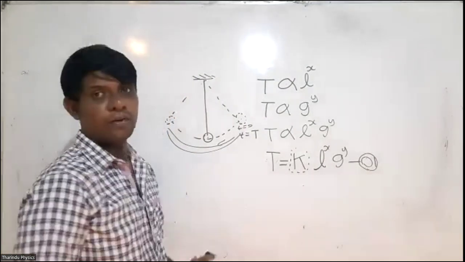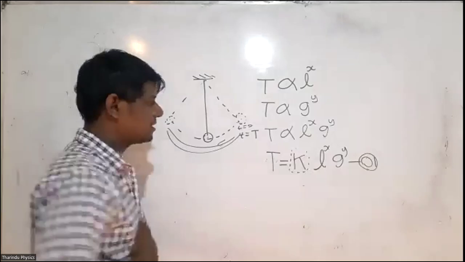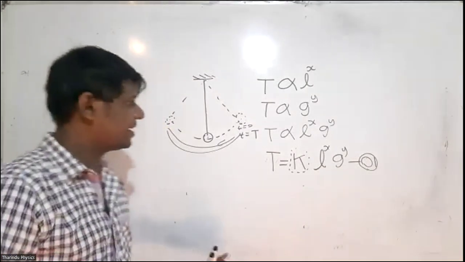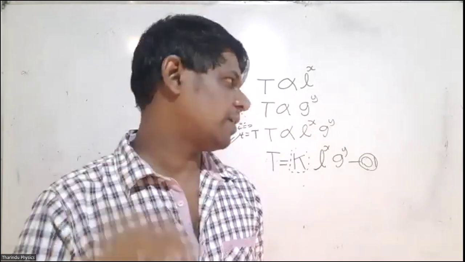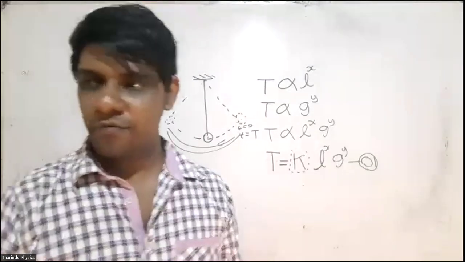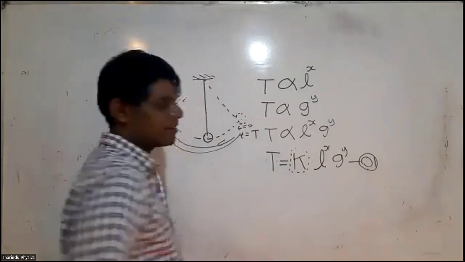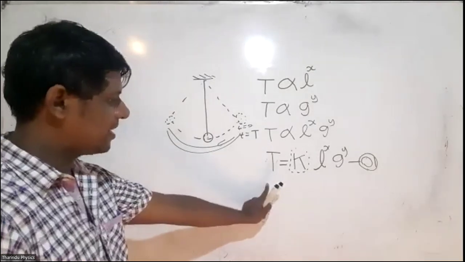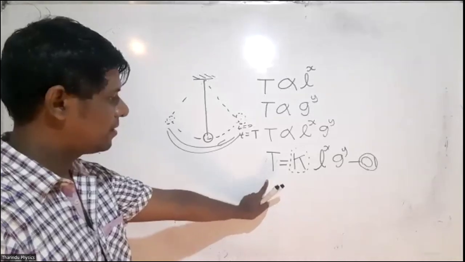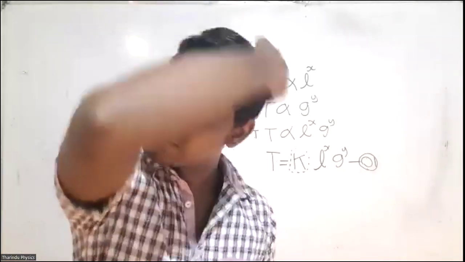Have a good look. Now, if you have written this, write in a new line: according to the law of dimensions, the dimensions of the left hand side of a physical equation should be equal to the dimensional equation of what?